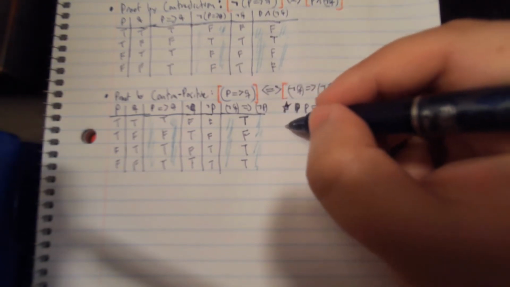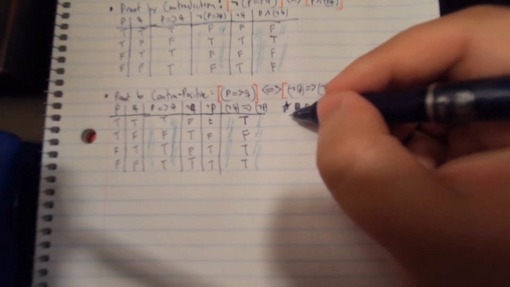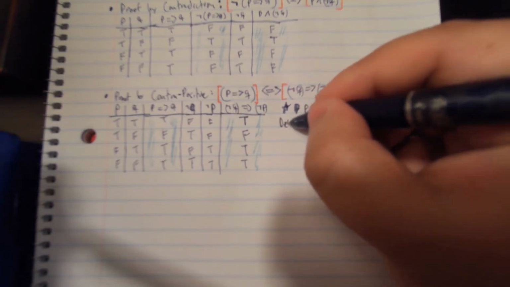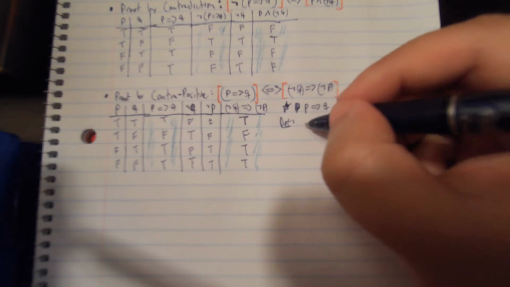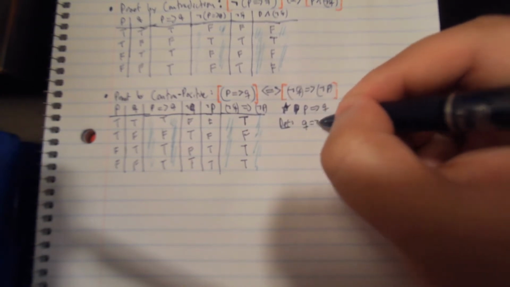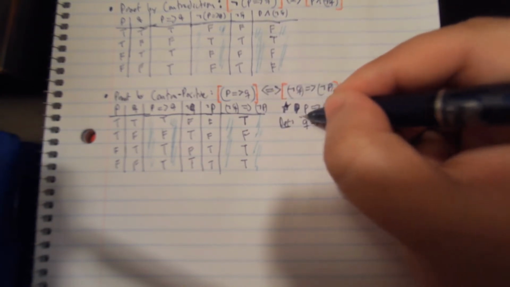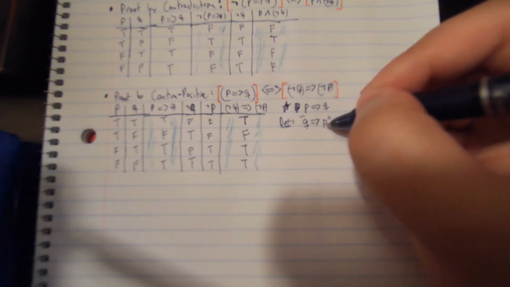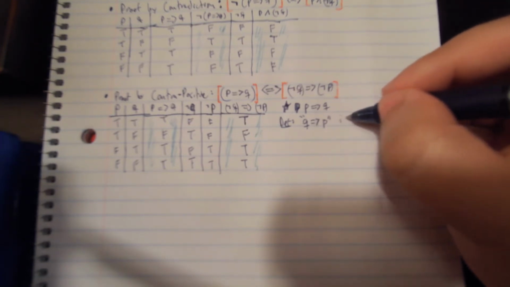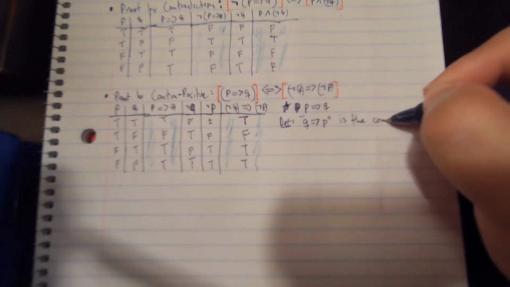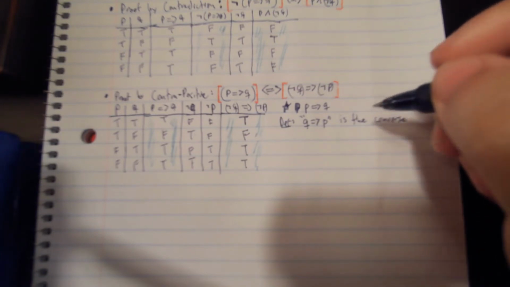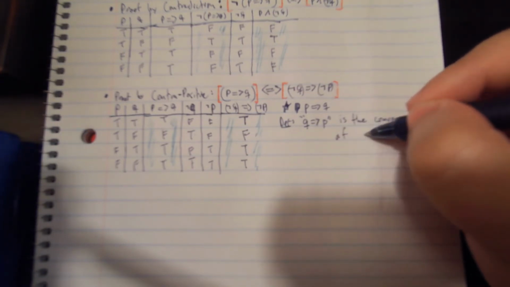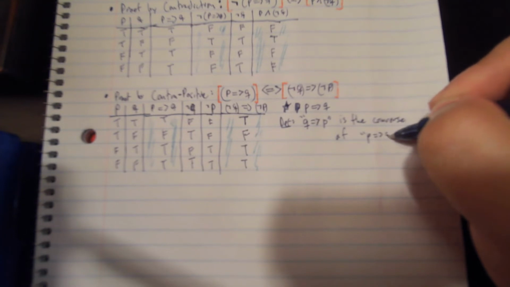With this in mind, the statement, I don't know if I should call it a definition, but the statement if Q then P is the converse of if P then Q.